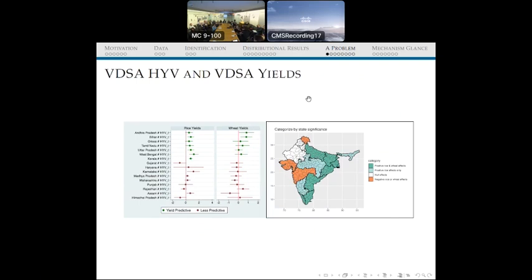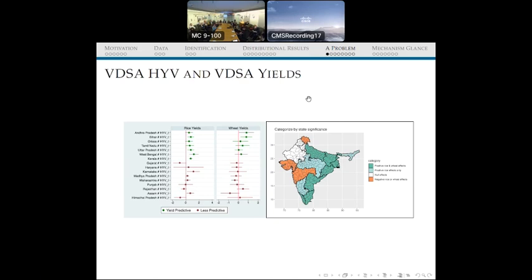Some districts, you see that HYVs are highly related to yields. Some they're not highly related to yields. What I realized is that I can sort of subset the districts that have really high rice yields. It's these districts over here, and at least not negative wheat yields. And then everywhere else, that's not this turquoise color. So these guys here, they have not very strong yield impacts.